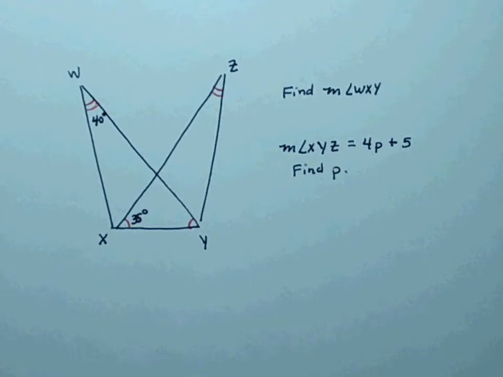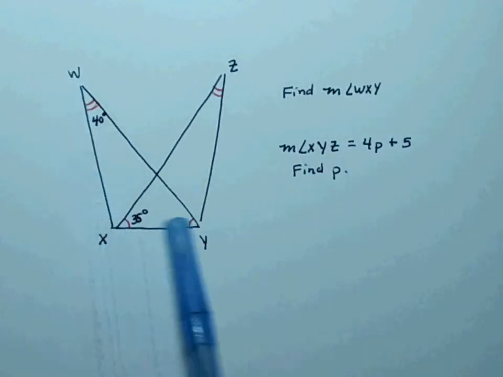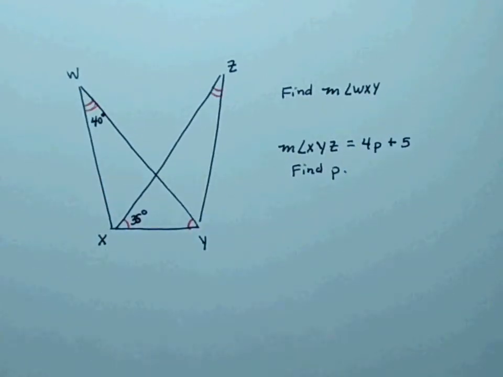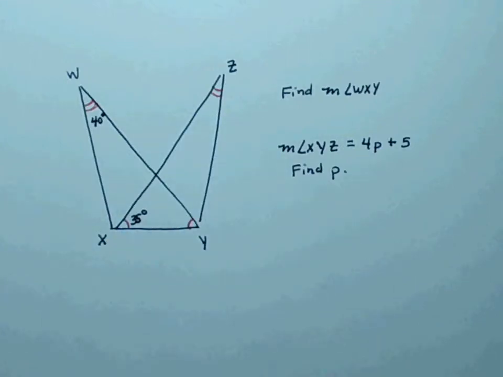Okay, so we've got all that information. Right? So to solve for WXY, we're going to have to find the measures of different angles first before we just find WXY. Okay, so when you look at this picture, I want you to see how many triangles are there.